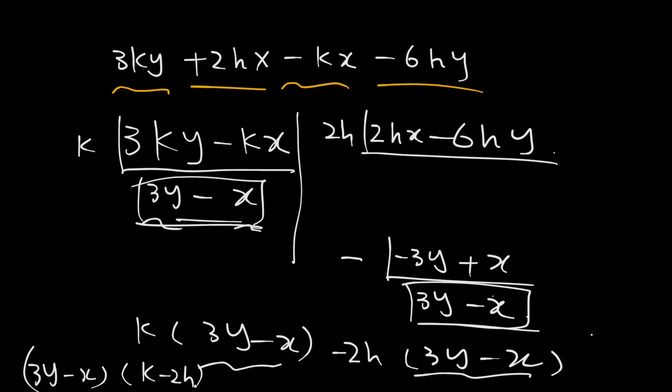Does it make sense? Whenever you have something similar but the positions are different, you either do this and match the first one, or do this and match the second one. How to do that? Take out a minus sign. You continue to take out the minus sign here. That's how you solve this kind of question.